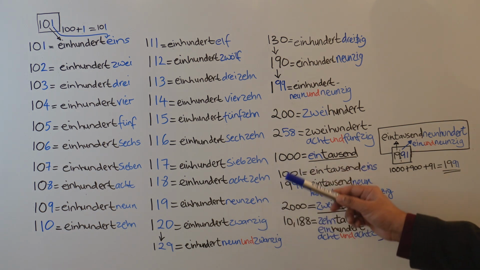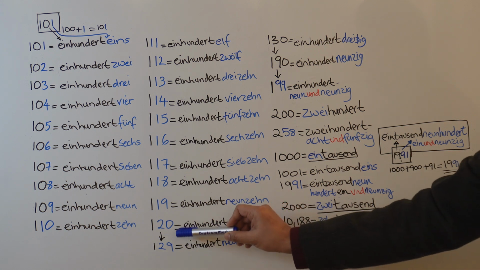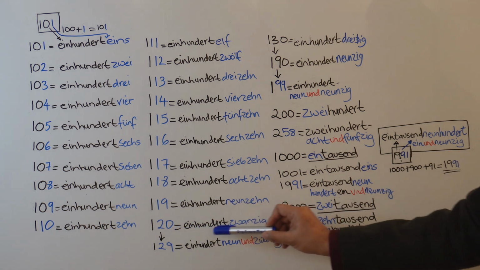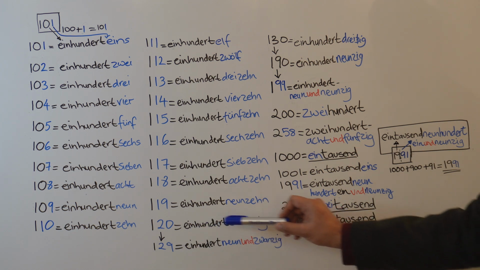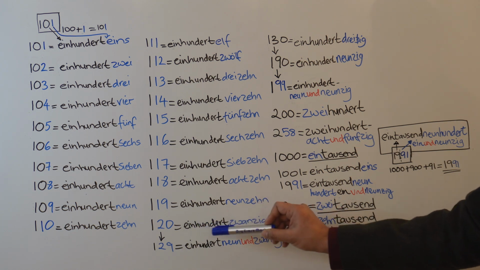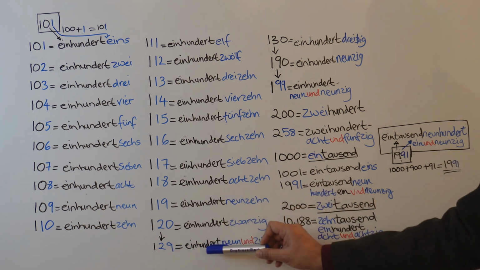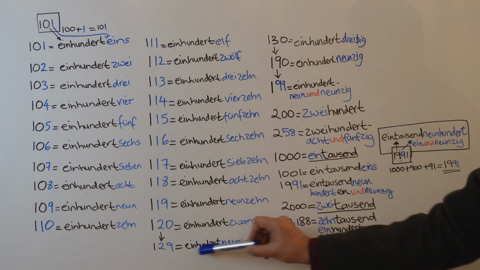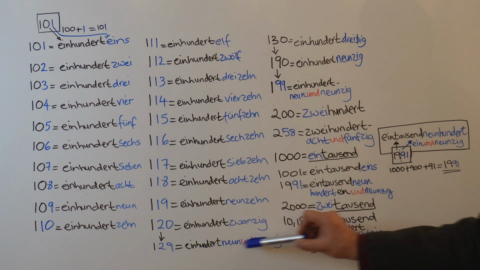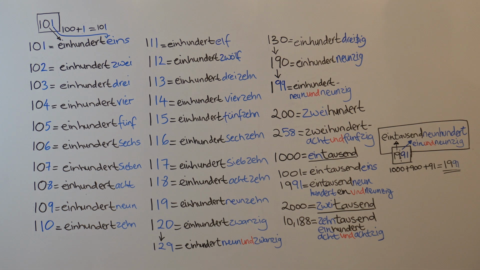And then you move on with the same counting that you have learned till now in my lessons. Like 121 will be hunderteinundzwanzig, 122 will be hundertzweiundzwanzig, 123 will be hundertdreiundzwanzig, till you reach 129. So you call the 100 before the 29 because 29 is the smaller number than the 100.